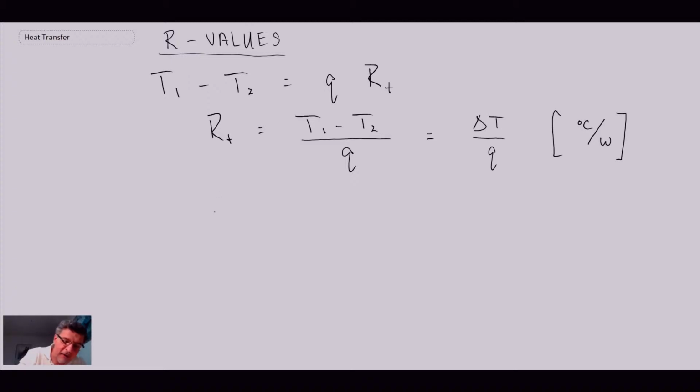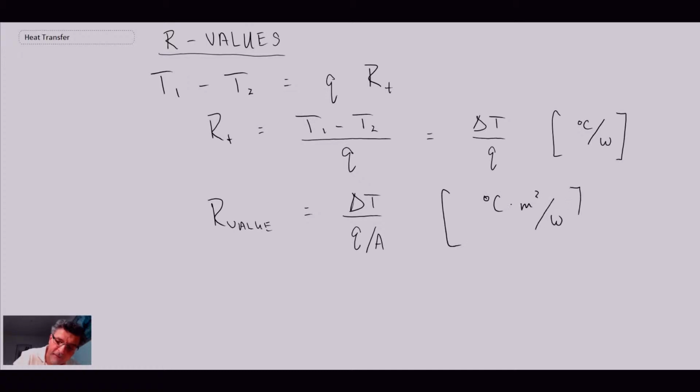Now the R value is quantifying delta T divided by heat flux, so Q per unit area. And so the units of an R value are a little bit different from the thermal resistance in that they are degrees C meters squared per watt.